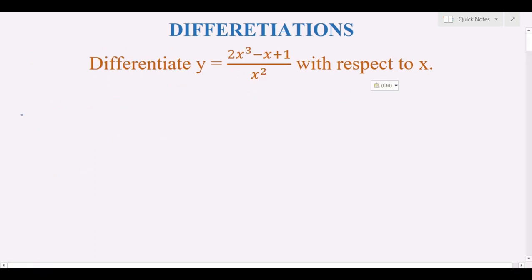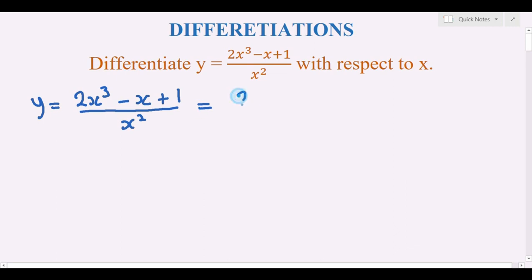Let us do another example so we can establish this aspect of differentiation of polynomials. So here we have y is equal to 2x cubed minus x plus 1 all over x squared. It is good for us to split this particular fraction into its partial fractions.